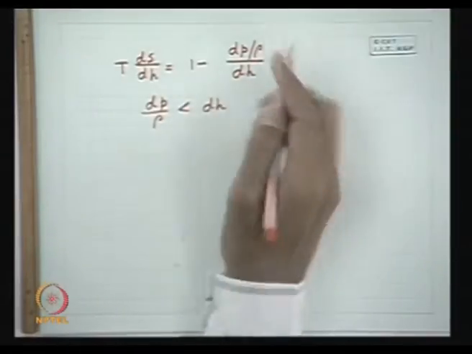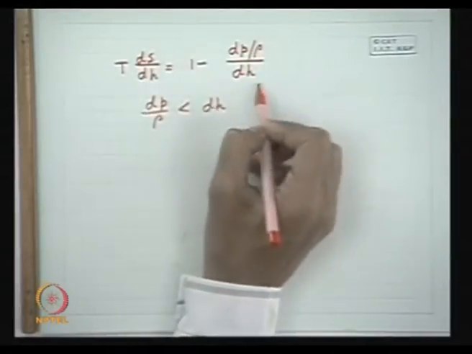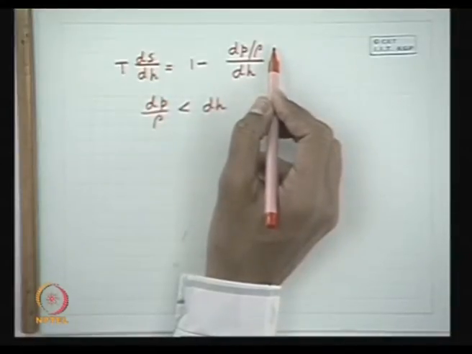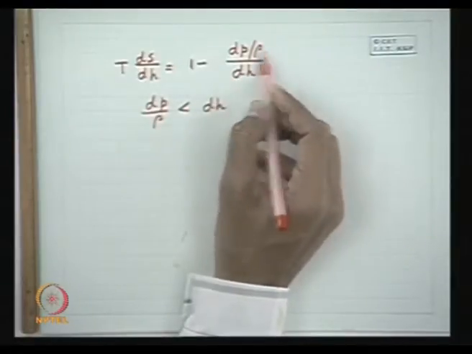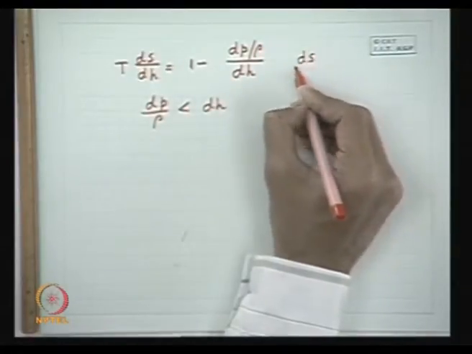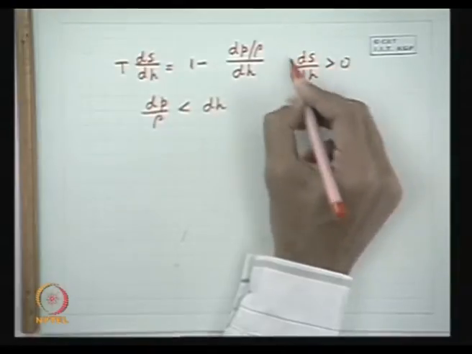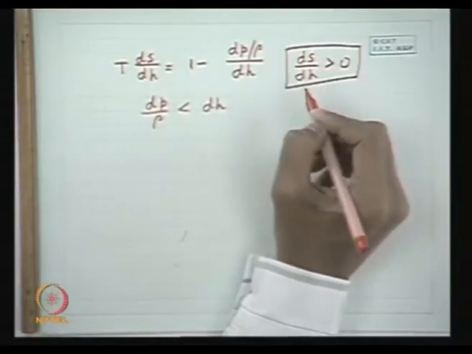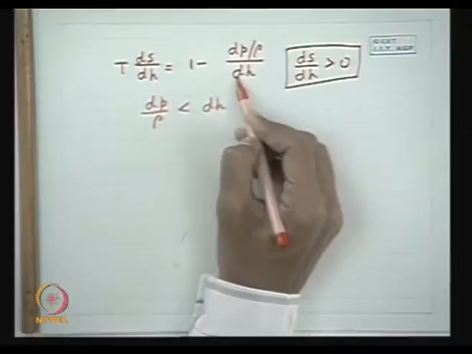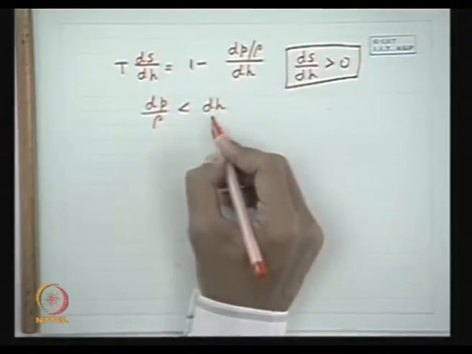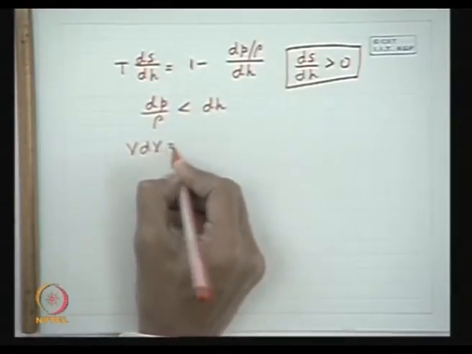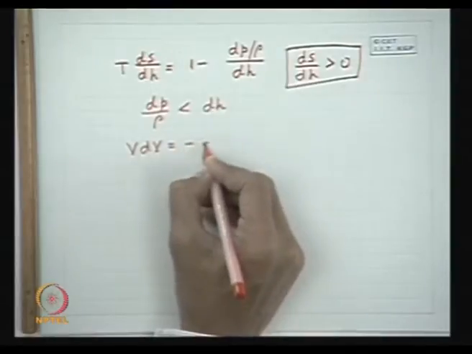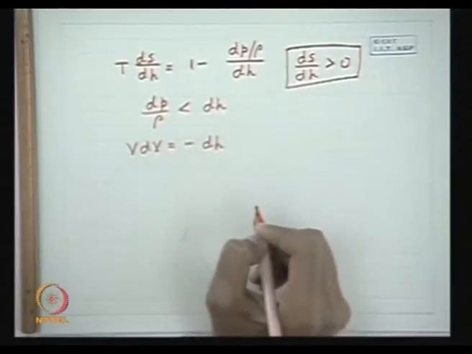So in this region ds by dH is greater than 0 in the lower part of the curve, which means this has to be less than 1, so dP by d rho is less than dH. Then we can use this equation V dV is equal to minus dH.